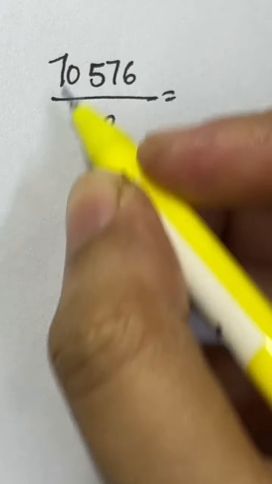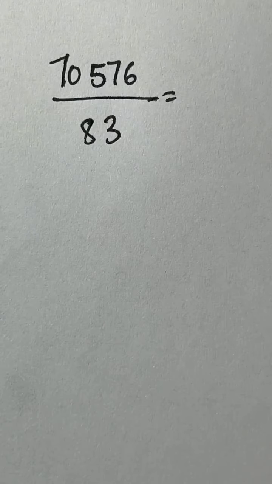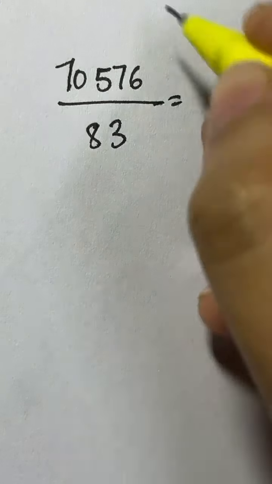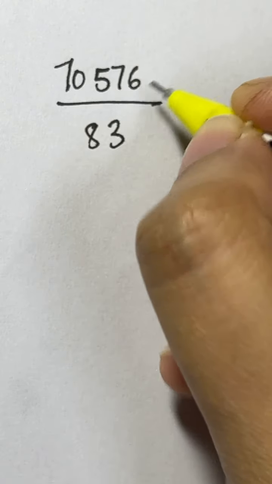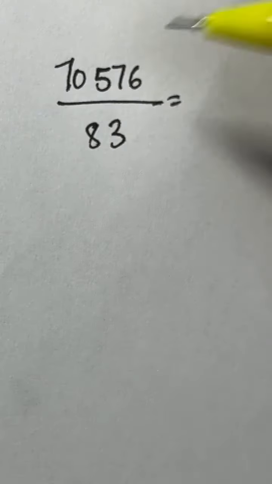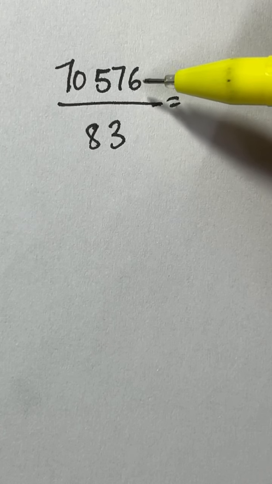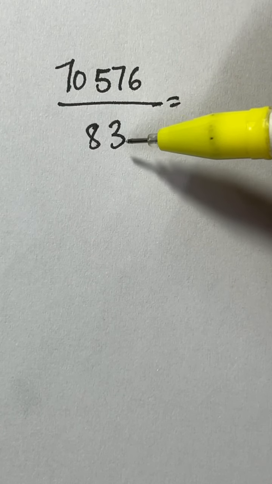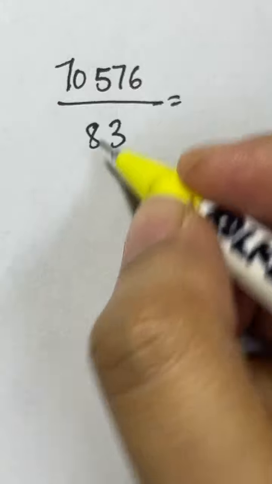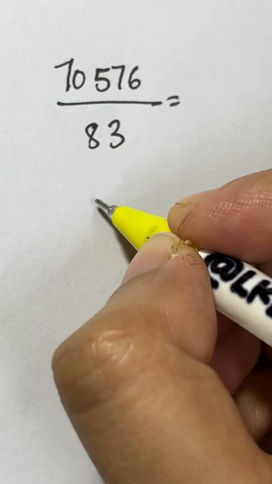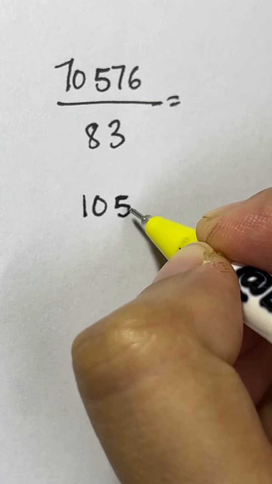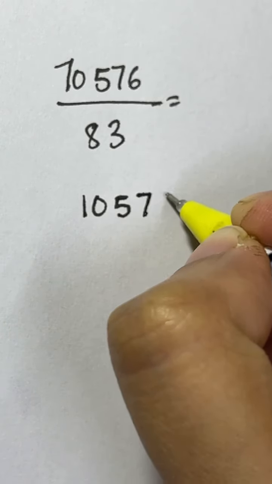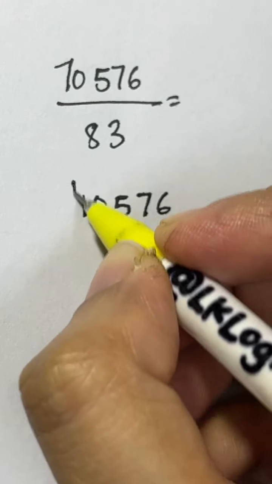Okay, now let's write down the numbers. How to do the arrangement of numbers, as I showed you before in the previous question. Just write down the dividend. This is your dividend, this is your divisor. The number which is getting divided is called the dividend. The number which is dividing is called the divisor. Now let's write down the dividend first: 1, 5, 7, 6, and then just draw a line which I told you.